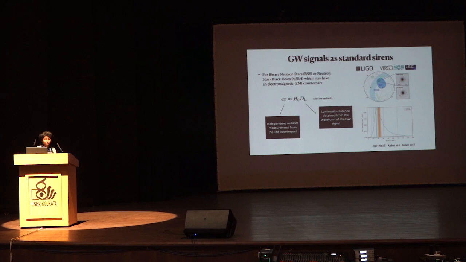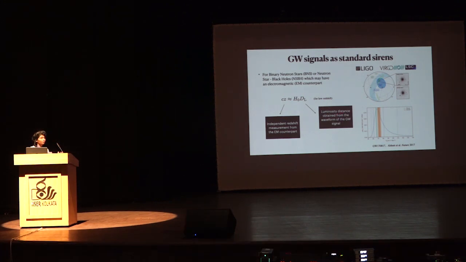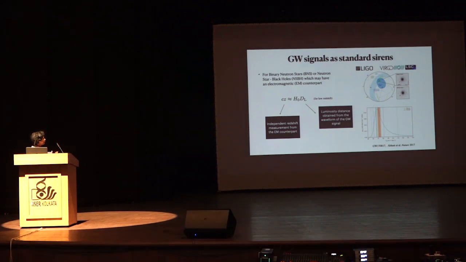One of the things people have proposed is that the CBC signals can act as standard sirens, because we can measure the luminosity distance directly from the shape and the amplitude of the gravitational wave signal, and if we have an electromagnetic counterpart to such a binary, then we can get an independent redshift measurement from the EM counterpart by identifying the host galaxy, and with this we can construct the Hubble diagram and get a constraint on the Hubble constant.